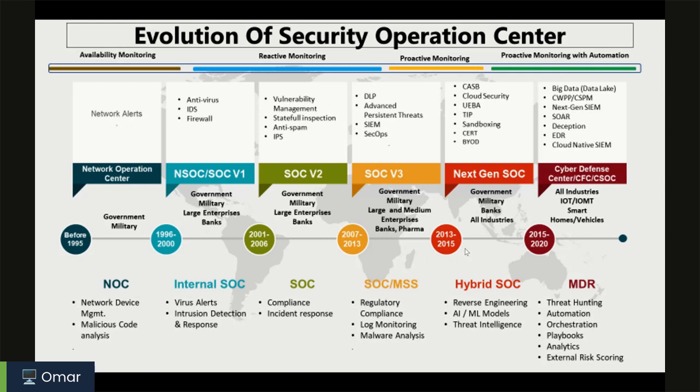Large organizations also employed solutions like vulnerability management, next-gen firewalls, DLPs, user behavior analytics, and sandboxing. And now, currently, we are in the era where automation and orchestration play a crucial role. The increasing complexity and volume of threats require us to adopt advanced technologies to keep up. This timeline that you see on your screens highlights the ongoing efforts to stay ahead, where security teams now are leveraging cloud technologies with proactive monitoring as well as automation.